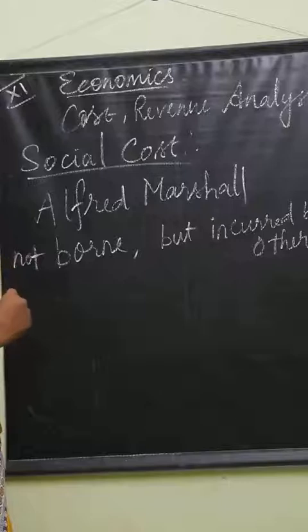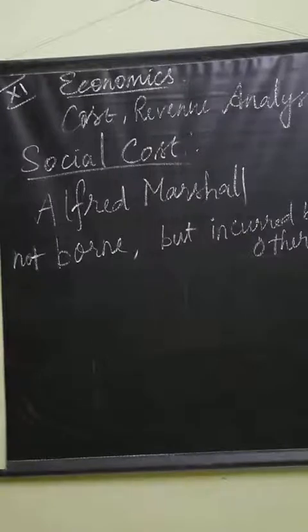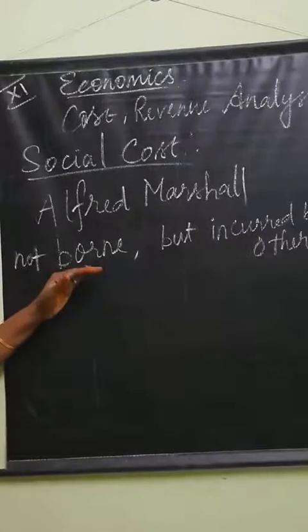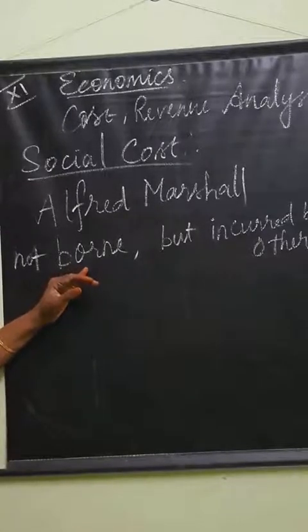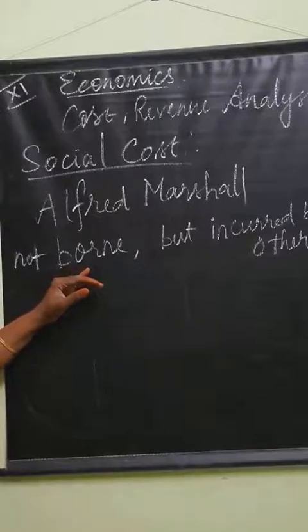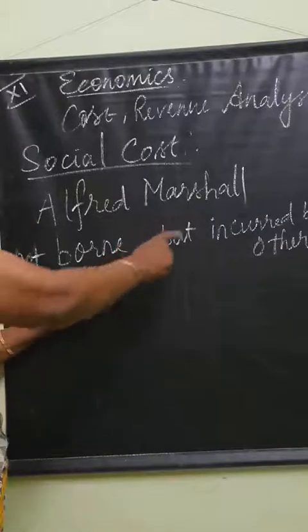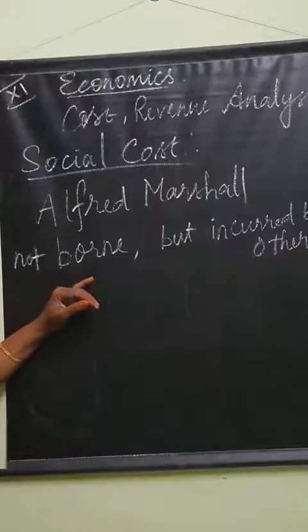Because of the water pollution, we are meeting a doctor. Because of air pollution, so many people are unhealthy. They are spending money. Even to purify the water, we are spending money. So, the cost is not incurred by the large business people, but it is incurred by the others in the society. That is social cost.